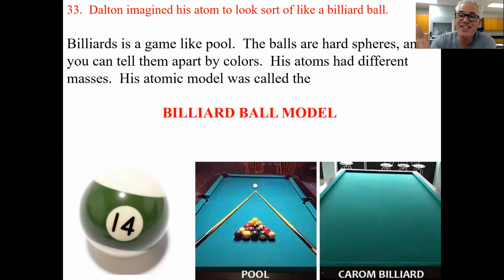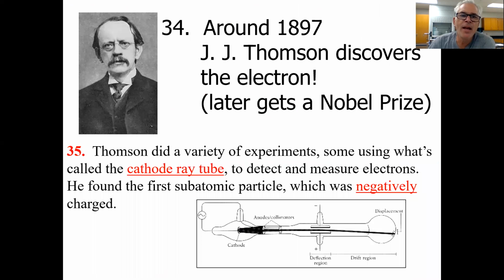But he's the father of chemistry, right? He came up with the atomic theory. If there was a Nobel Prize back then, he would have got it, right? It didn't come about till later on. Kind of a silly name for his atom model, but he thought they were little hard balls, and they kind of are. They act that way in a sense. They're not like billiard balls or pool balls, but that's in your mind, the billiard ball model.